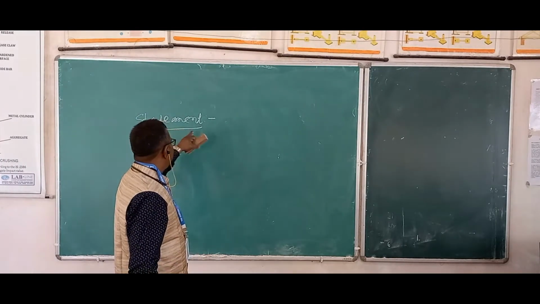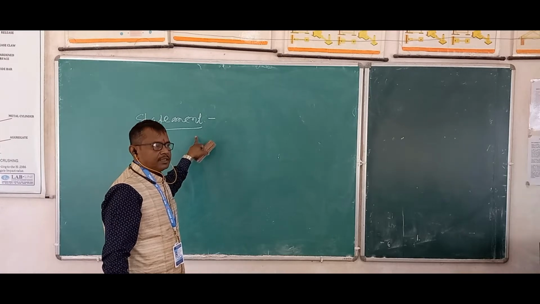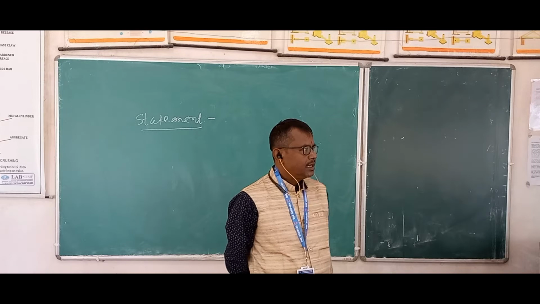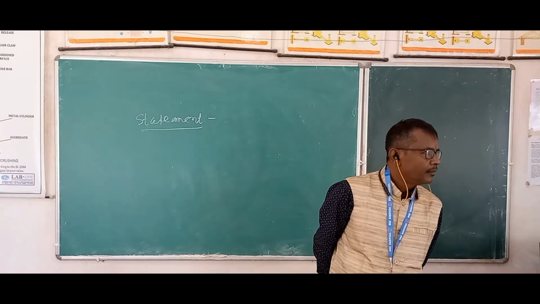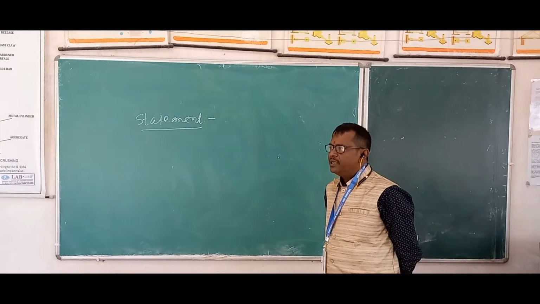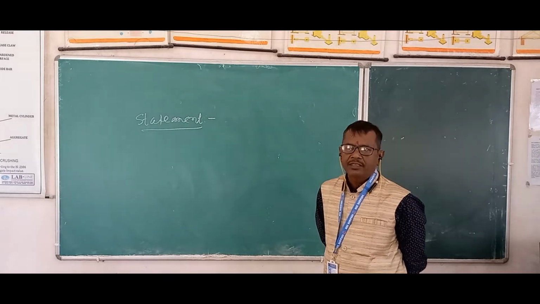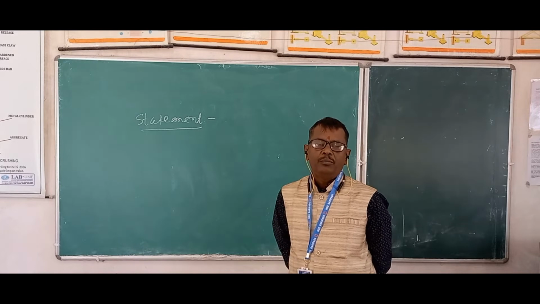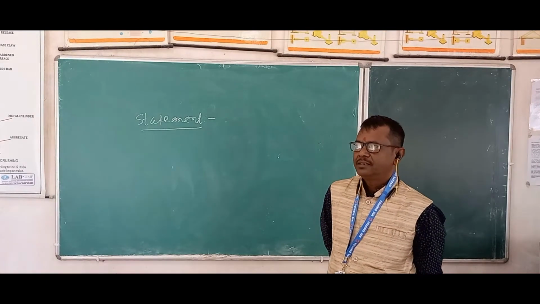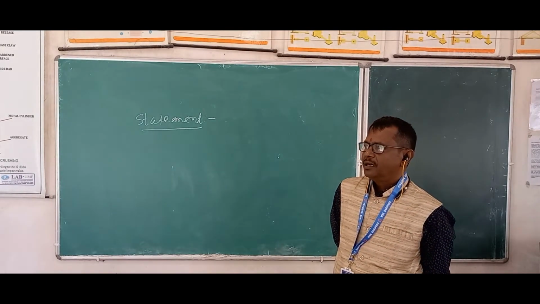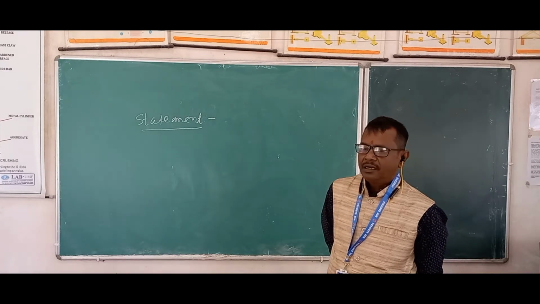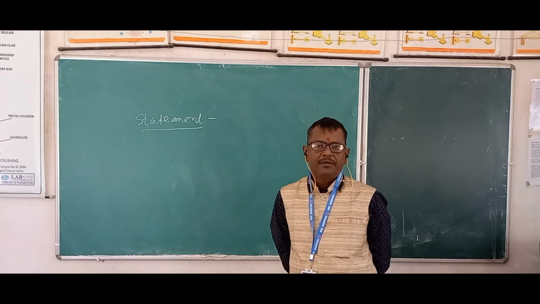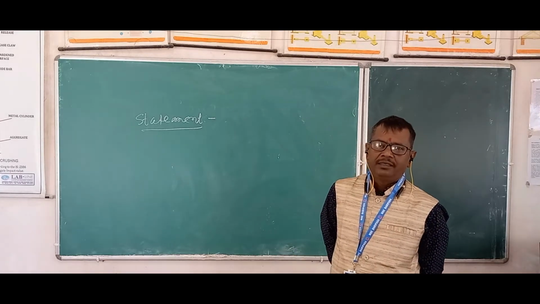What is the statement? Coulomb's law in electrostatics states that the magnitude of force of attraction or repulsion between two point charges, let them be Q1 and Q2, separated by distance R.